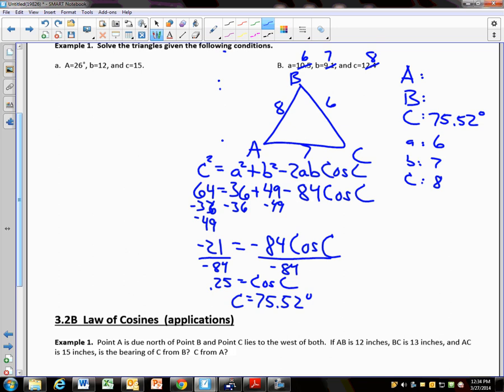I still have to find the other two angles. How do I do that? Law of sines. Sine of, what's the only angle you have? 75.52 over 8 equals sine of, what would you like to find? I heard A and B. We'll choose A. A divided by 6.